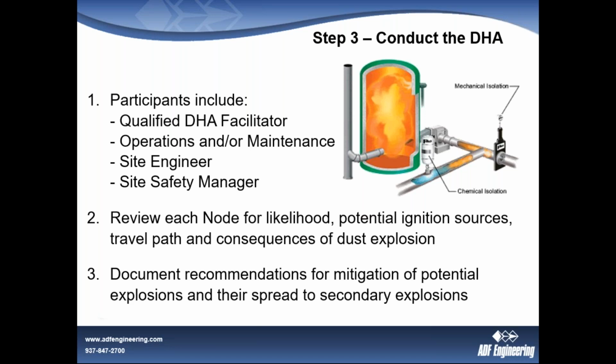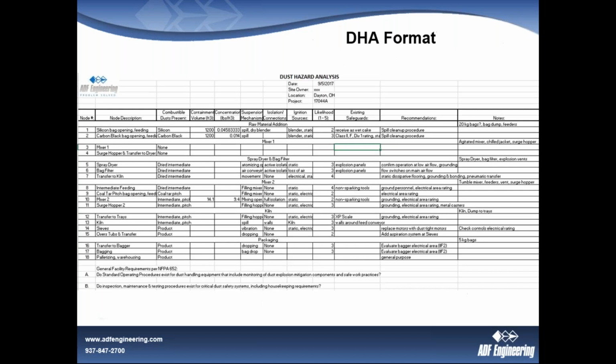It's really going to boil down to the likelihood of an event, which means do you have all 5 sides of the explosion pentagram? You need to document these recommendations and their likelihood to spread to other parts of the facility.